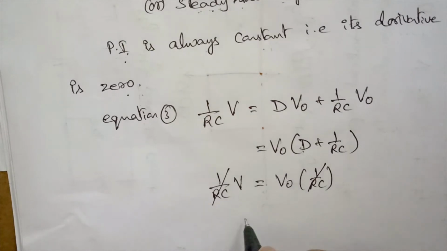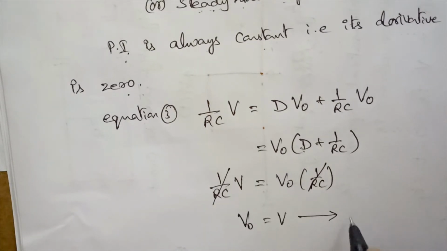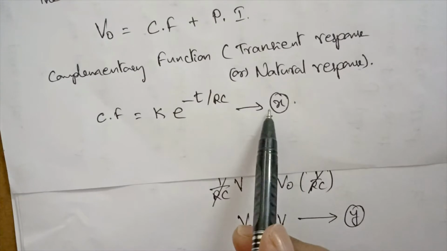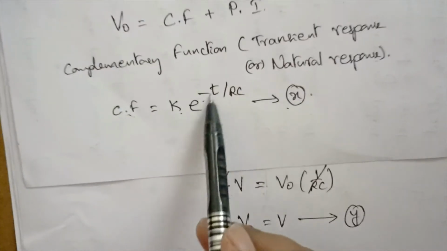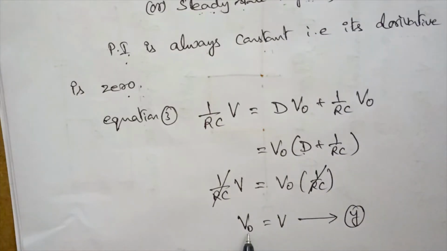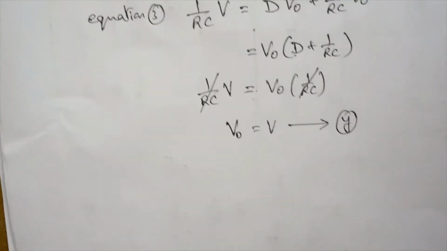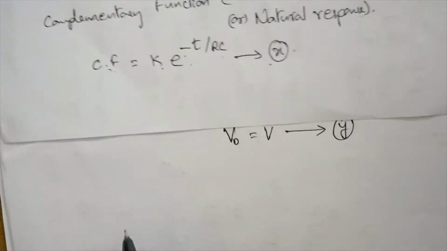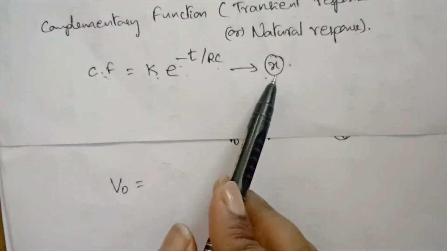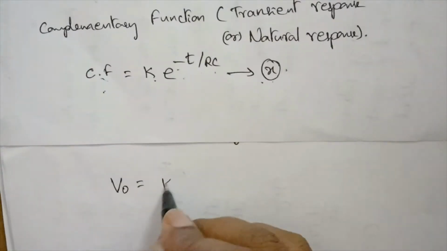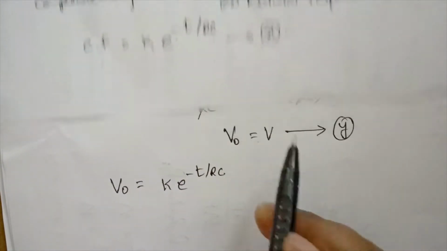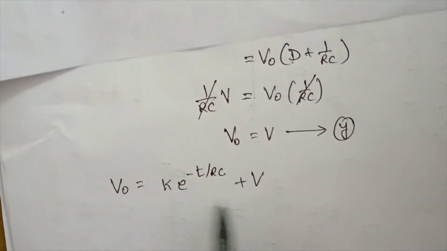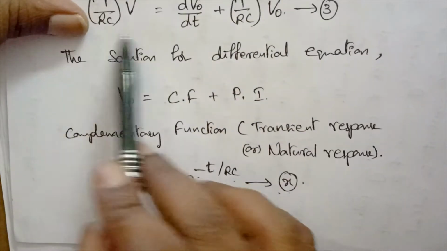So 1 by RC cancels, and V0 is equal to V. Let us call this expression Y. So we have the complementary function as k into e power minus t by RC, and the particular integral as V0 equal to V. Now substitute: from equation X, the complementary function is k into e power minus t by RC, and from Y the particular integral is V.